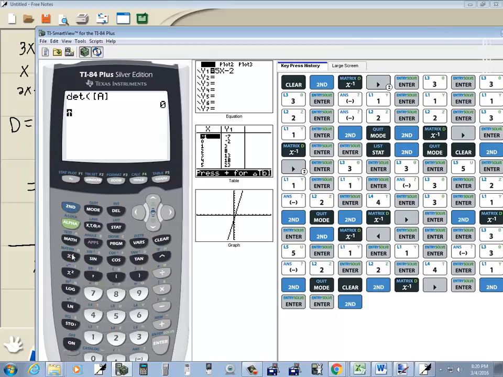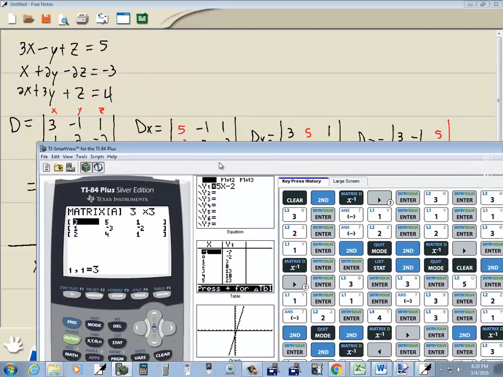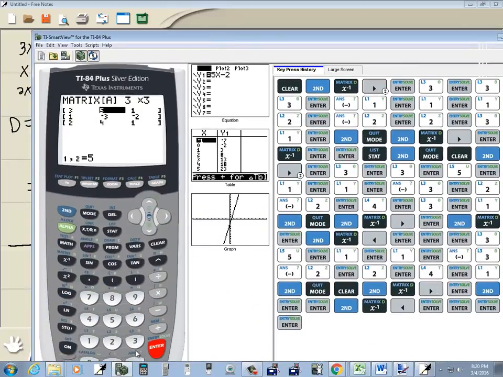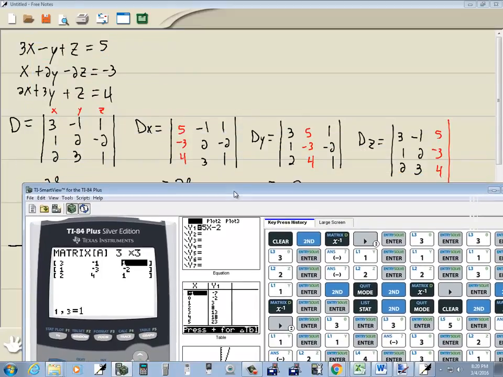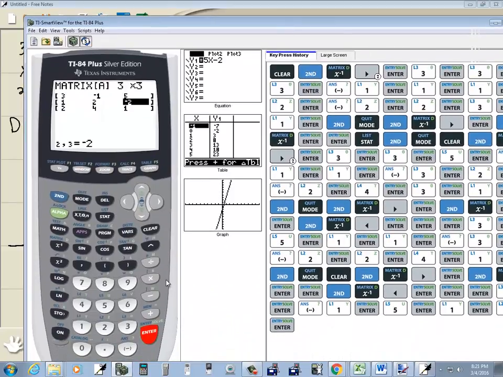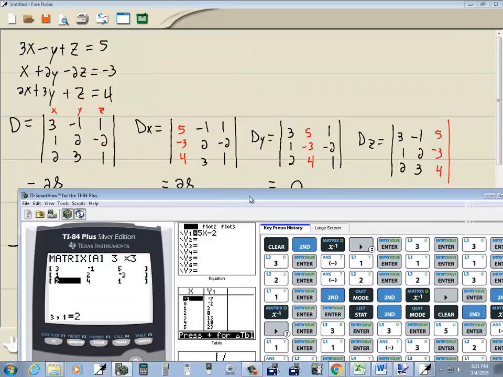So I'll do second, X to -1, go over to edit, enter on A, say 3 by 3. And I'm going to have 3, -1, 5, 1, 2, -3, then 2, 3, 4.